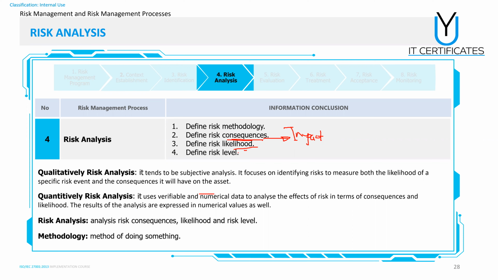Or we can ask how many times we will have a flood in Saudi Arabia. I can say once every 2 years. And we had the scenario that happened in Jeddah, where we had flooding in 2 consecutive years. This means that here you have to define the impact and the likelihood.